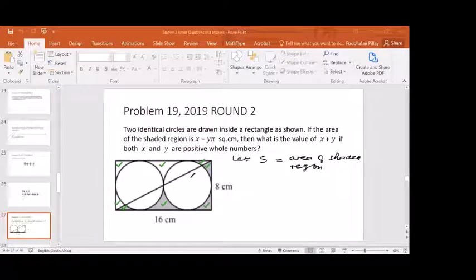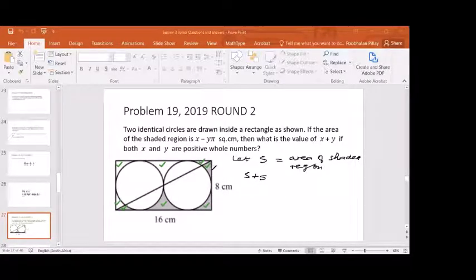Now, you'll notice that if you add the bottom part to the ticks at the top part, 1, 2, 3, 4, those are the ticks, right? You've got everything inside this rectangle except the two circles.